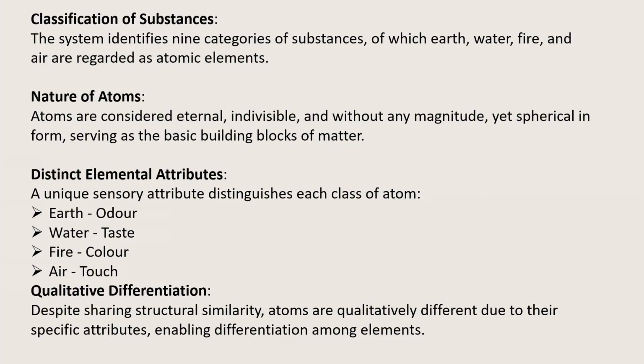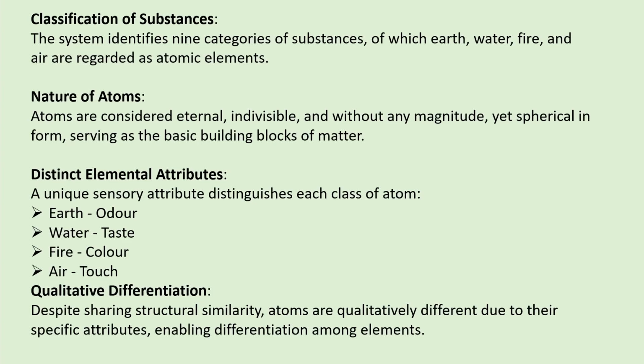Now the classification of substance. The system identifies 9 categories of substance, of which earth, water, fire and air are regarded as atomic elements. Nature of atoms. Atoms are considered eternal, indivisible and without any magnitude, yet spherical in form, serving as the basic building blocks of matter.